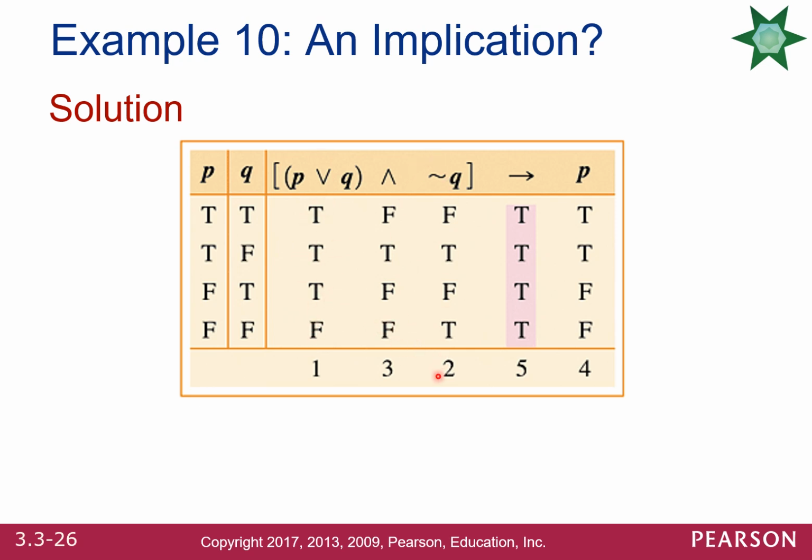Then we go to step 2, which is to negate the Q. All the trues become false and all the falses become true. So negating all the Q values, they become F, T, F, T. Then we go to the AND, the conjunction operator, and let me highlight what we are looking at.